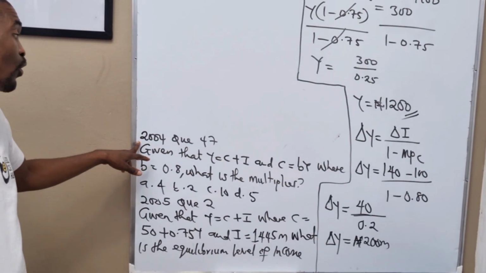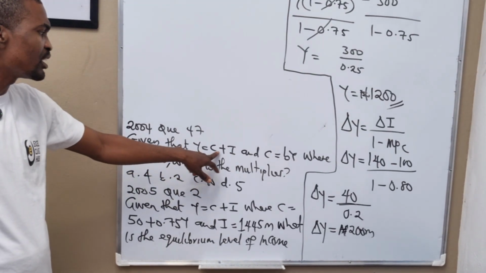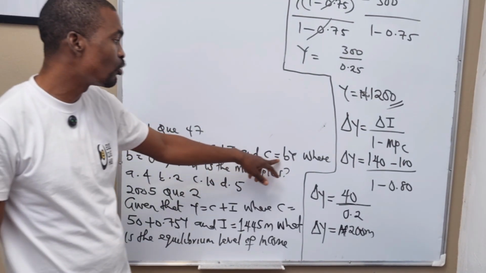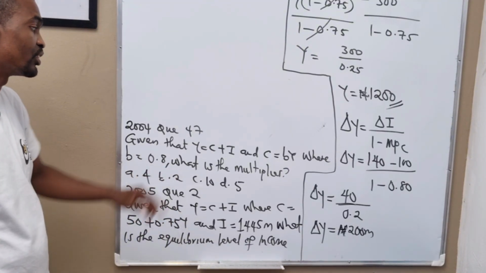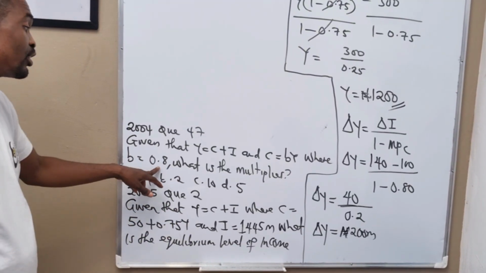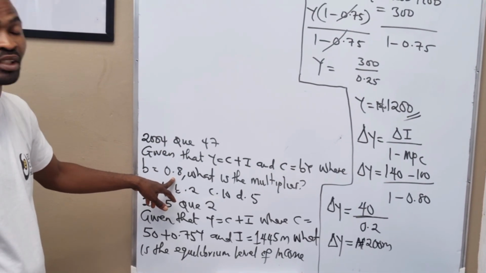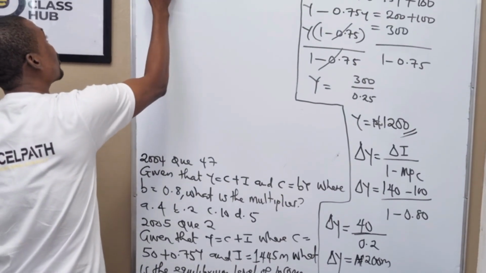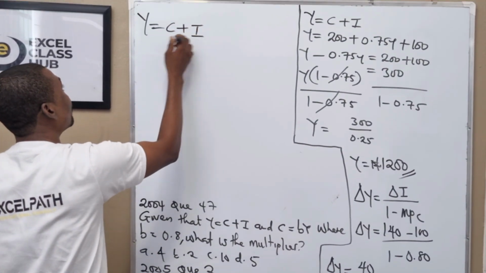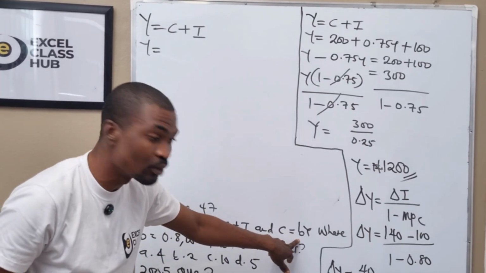So 2004, question 47. Given that Y equals C plus I and C equals bY, where b equals 0.8, what is the multiplier? This b, which is 0.8, stands for marginal propensity to consume. It can also be marginal propensity to save. So let's solve it straight away. We have Y equals C plus I. Now we are given our C to be bY.